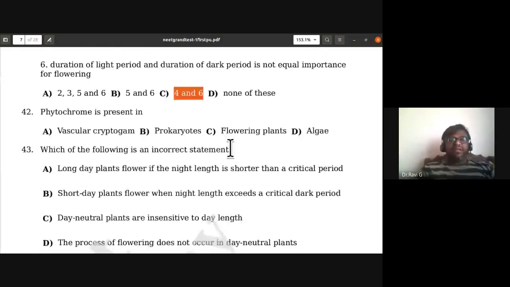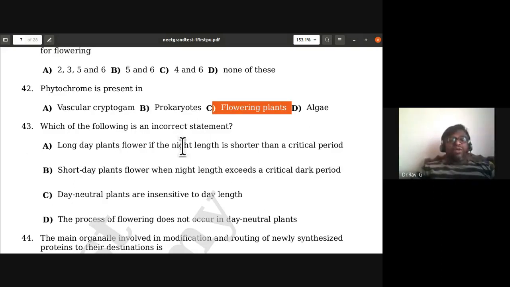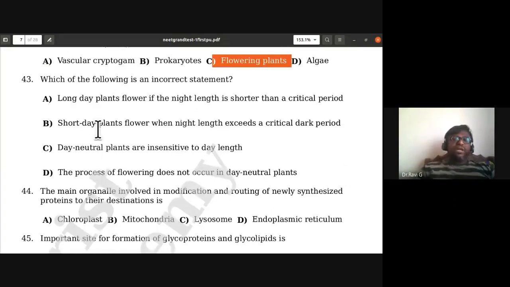Phytochromes are present in flowering plants. So 42nd is C. 43rd, which of the following is an incorrect statement? Long day plants flower if the night length is shorter than a critical period. Short day plants flower when night length exceeds a critical dark period.